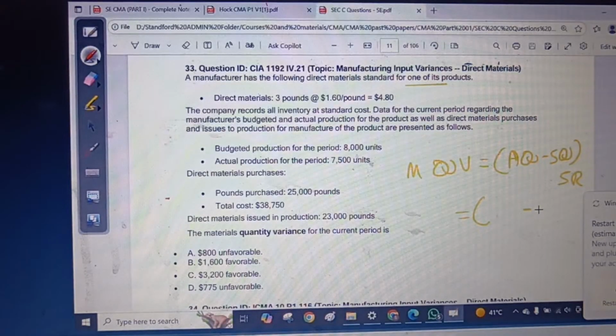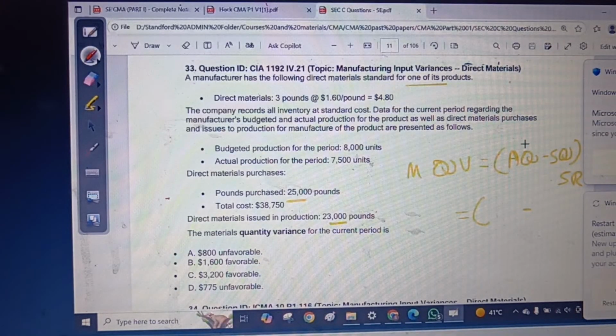Actual quantity is this or this. We are talking about input, right? We are calculating the input variance, the manufacturing input variance. I have already explained that actual quantity is the actual quantity of input. How much is the actual quantity of input? How much have they purchased?